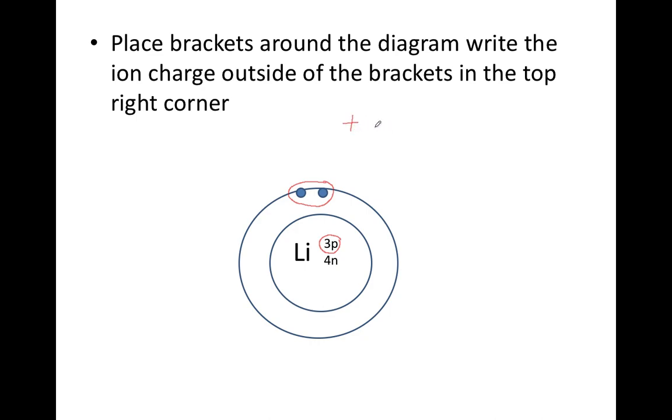These 2 cancel out, this one cancels this one, and now you're left over with 1 extra positive charge. So we draw brackets around lithium and we write 1 plus as the 1 extra positive charge.